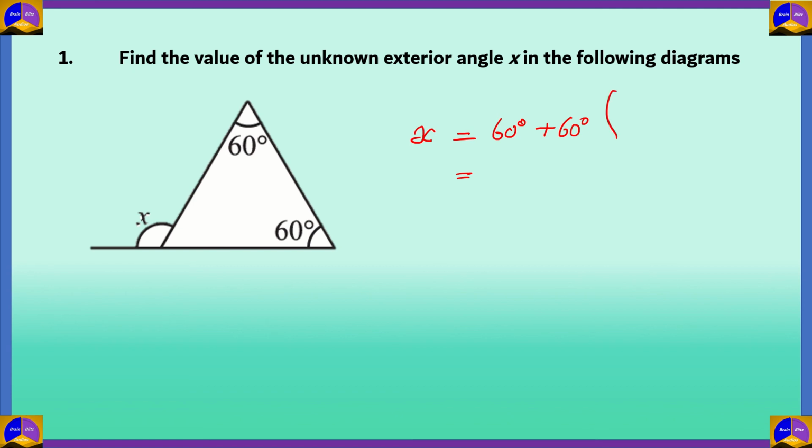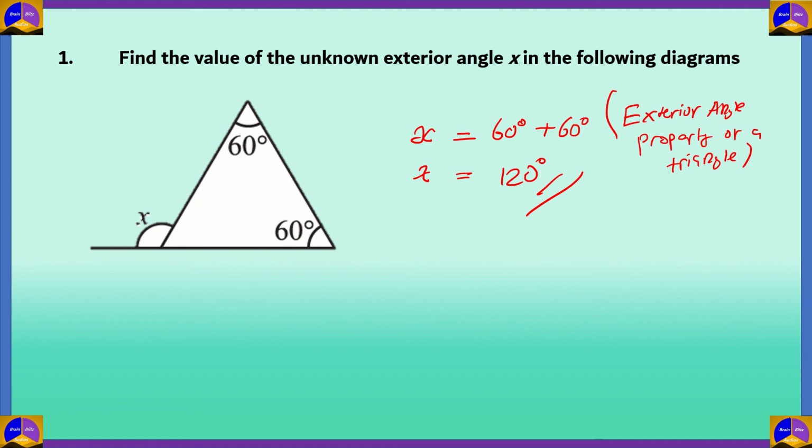Reason being, exterior angle property of a triangle. So 60 plus 60 is equal to 120. So x in this diagram is 120 degrees.